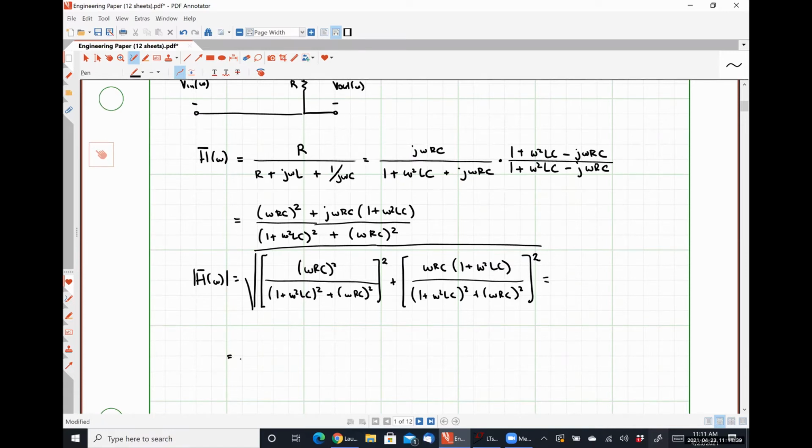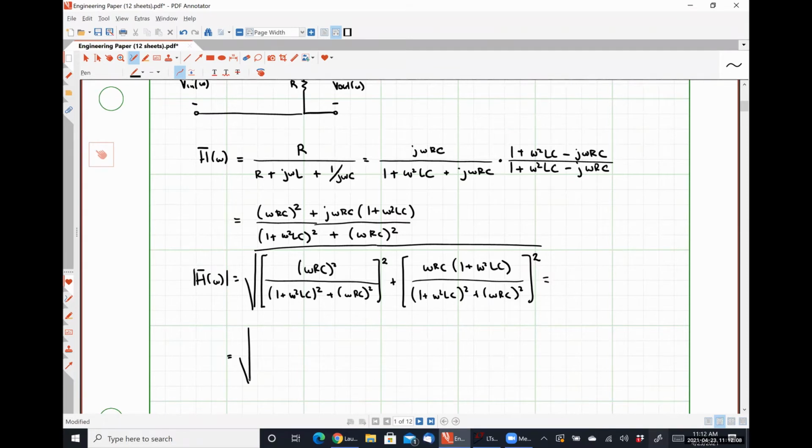And let's see what's going on here. So on the real part, I have omega RC in my numerator, quantity squared, and then that is squared. So I'm going to have a factor of omega RC squared to the second power. On my right-hand side, for the imaginary part, I'm going to have omega RC, that bit is squared.